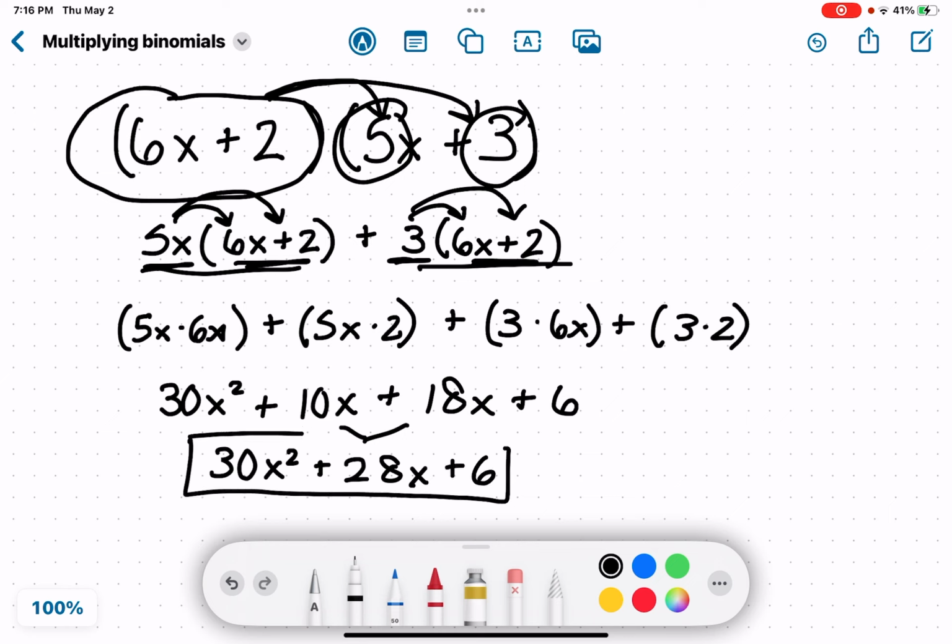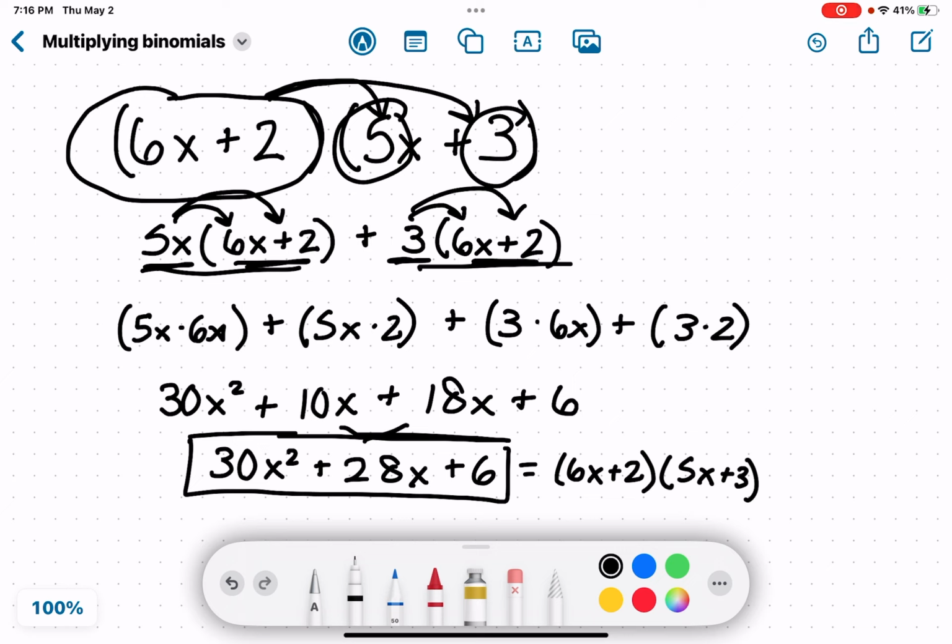There we go. That is our final answer. 6x plus 2 times 5x plus 3 equals 30x squared plus 28x plus 6.